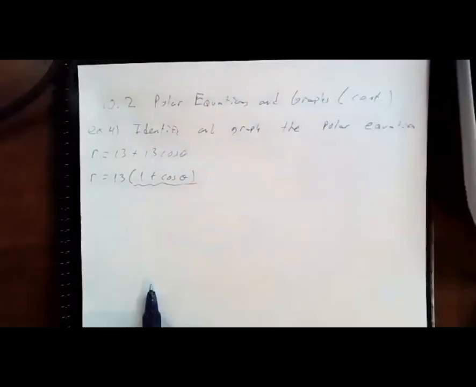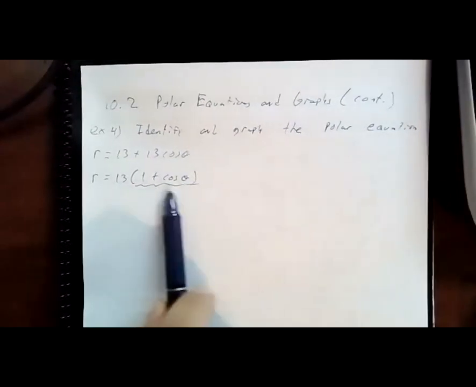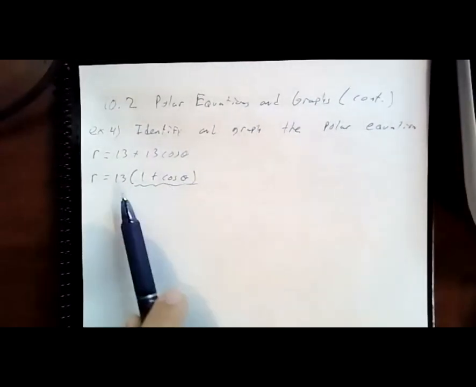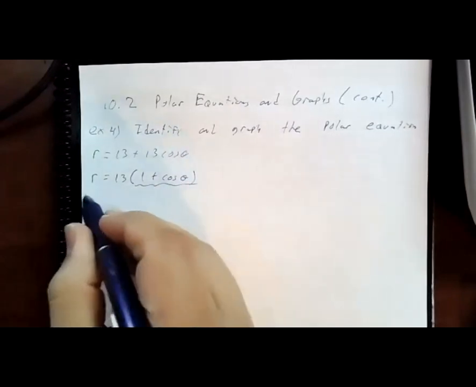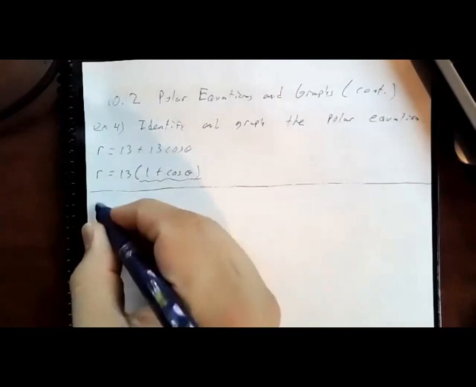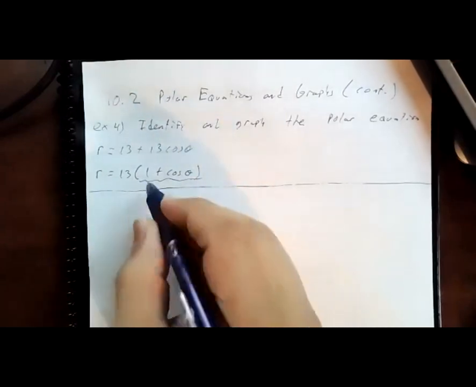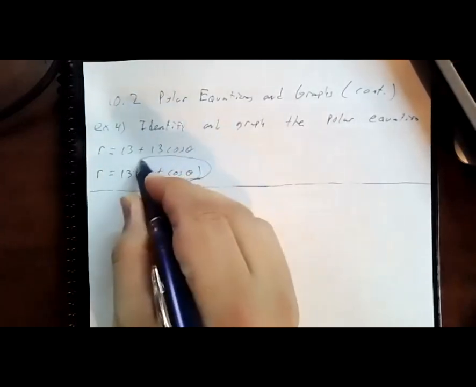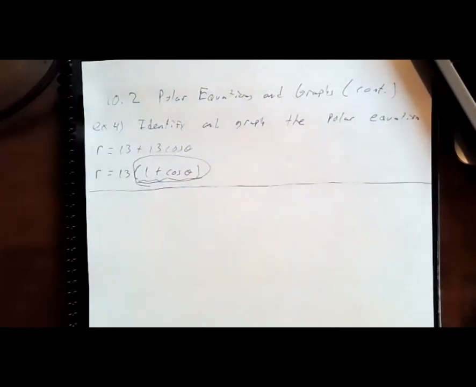I want you to be able to look at this piece here and realize, okay, that's a cardioid. That's all. If it has that squiggly line underneath, that's what it means. This is the part that tells you that it is a cardioid, because you see 1 plus cosine.